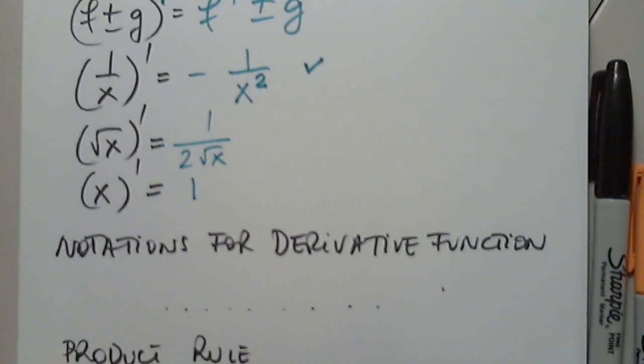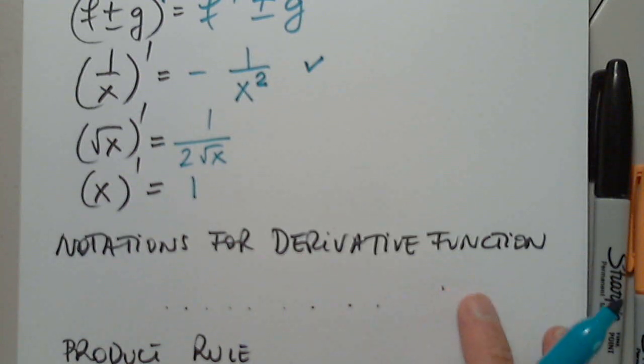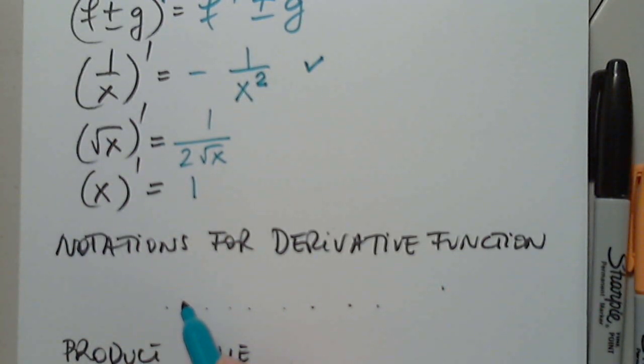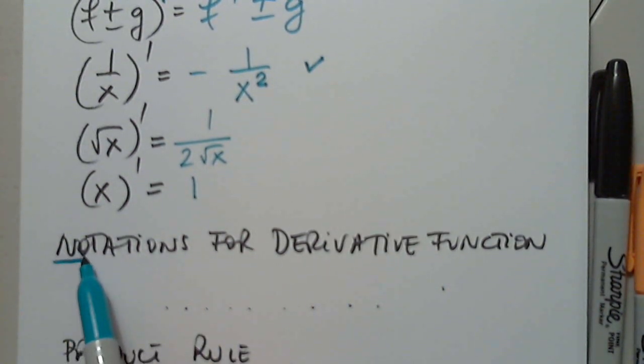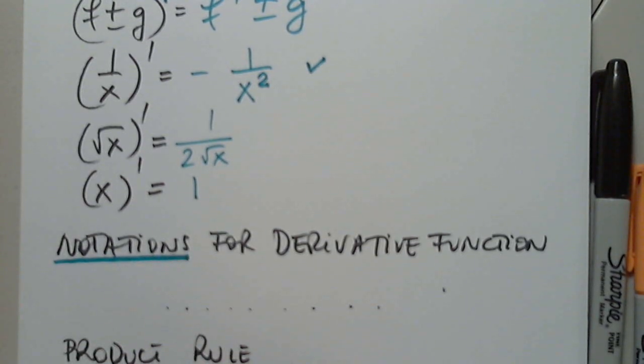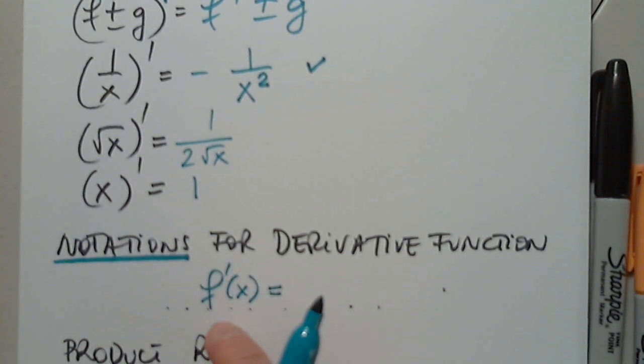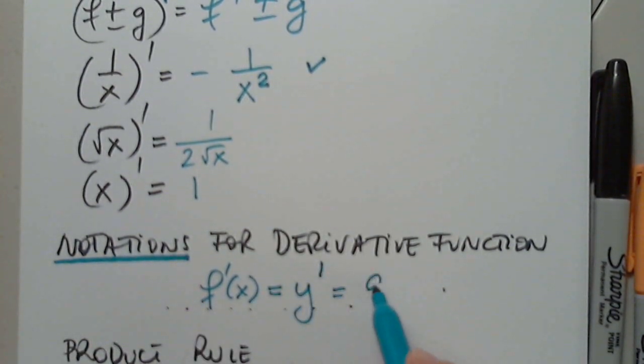The notations for the derivative function. How many notations do we know? Not definitions, just notation. When we talk about the derivative function, how do we denote it? The first notation, f prime of x, or y prime, or dy over dx.